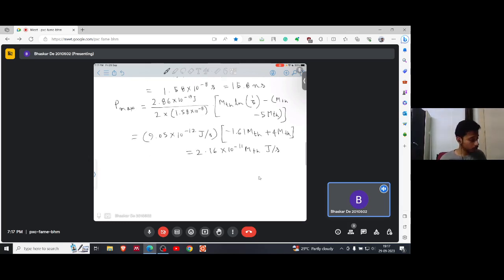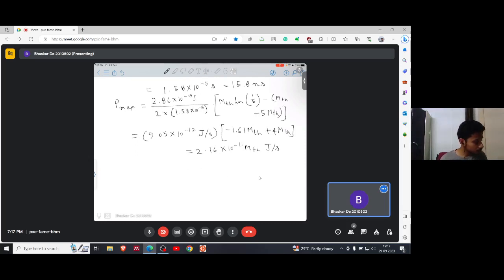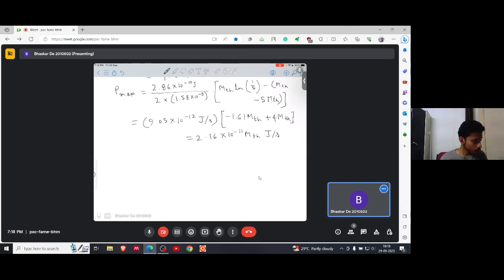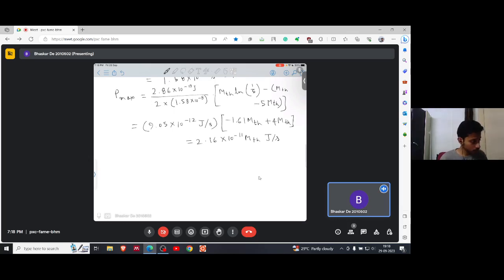So now we need the value of m_th. The concentration of chromium is 1.58 into 10 to the 25 per meter cube.